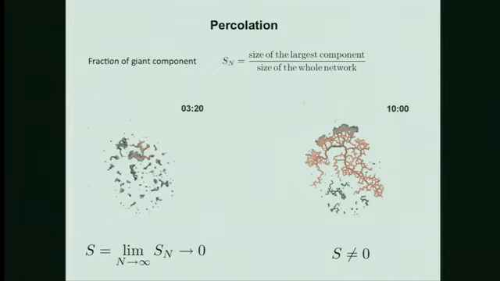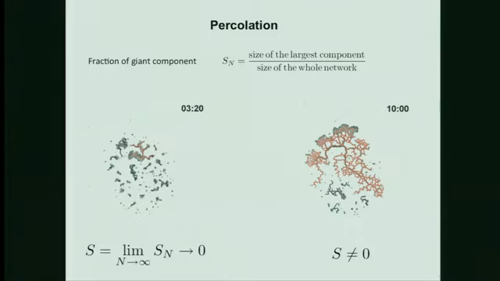Now, what we want to find is the fraction of the giant component, which is defined as the size of the largest component counted by the number of nodes, over the size of the whole network, the number of total nodes in here. If you have a finite giant component which does not grow and does not scale with system size, then in the thermodynamic limit this goes to 0.